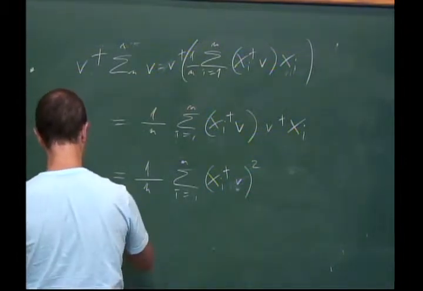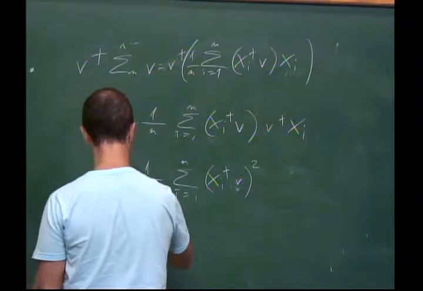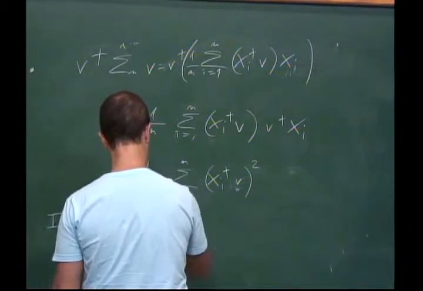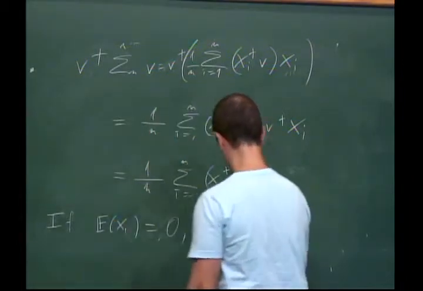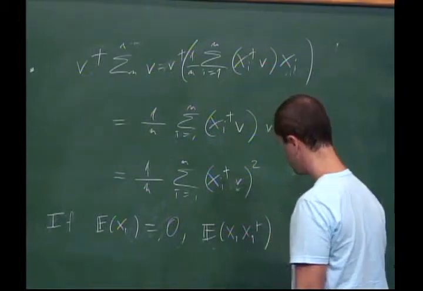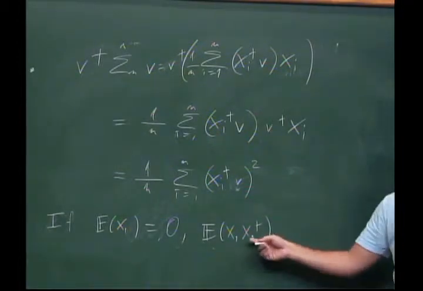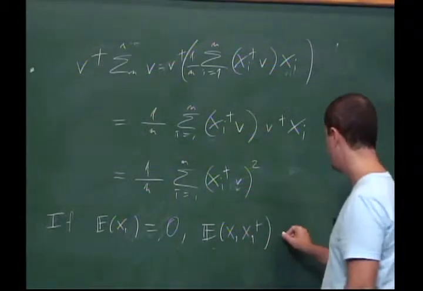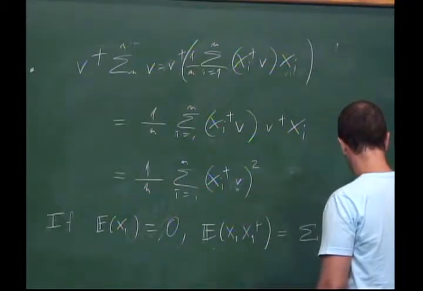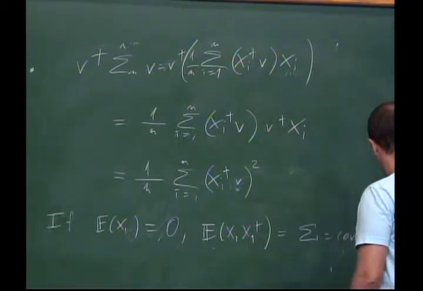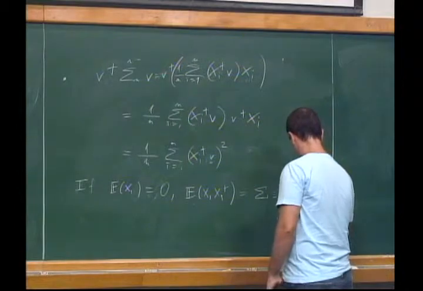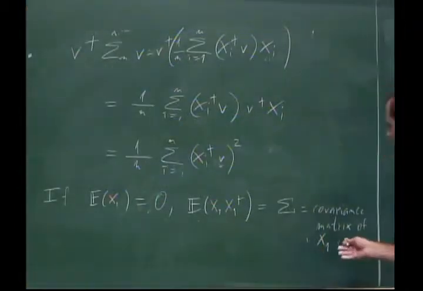So if we have a random vector with mean 0, then this matrix here is just the covariance matrix of x1, which I'm going to call sigma. And the covariance is an important thing.